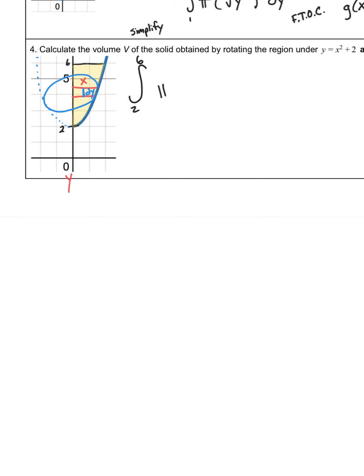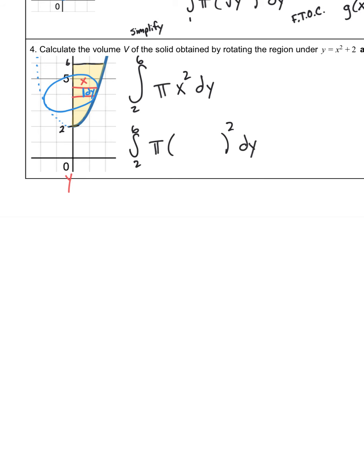We need pi r squared, but again, our radius is x. Right here, horizontal, so it's pi x squared, and our height, the thickness, is dy. And then we can plug in what x is equal to, pi x squared dy.